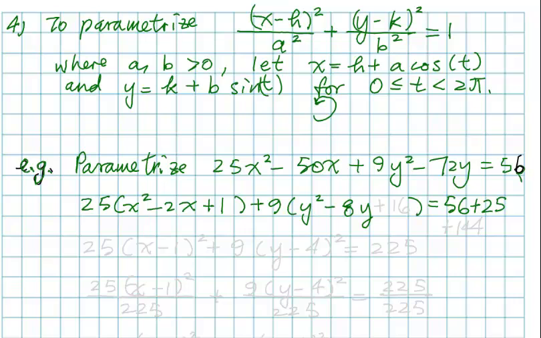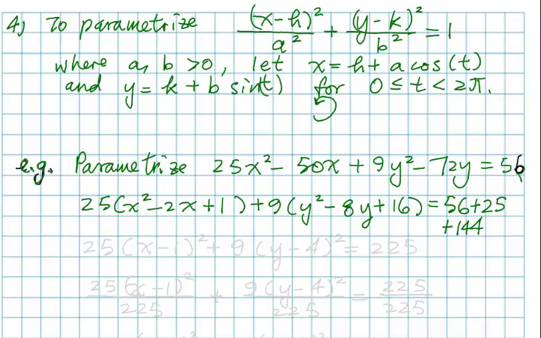We also complete the square inside the parentheses involving y. We divide the coefficient of y, which is negative 8, by 2, and then square the result. Thus, we add 16 inside the parentheses. 16 times 9 is 144. In order for the equation to be correct, we add 144 to the right side also.